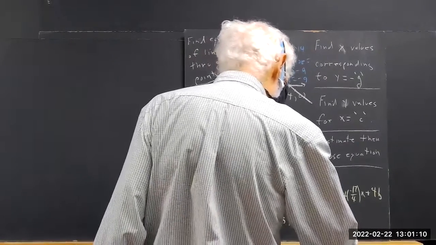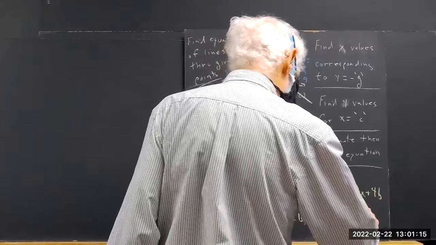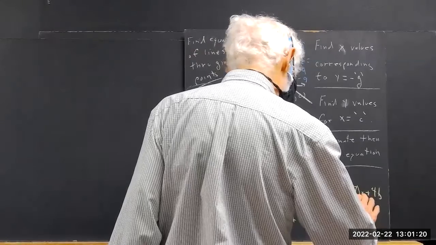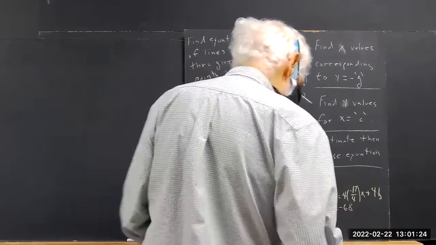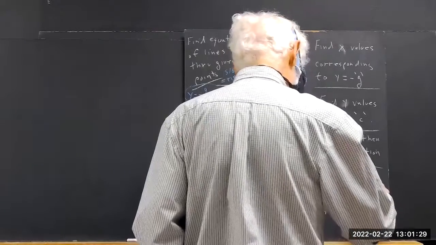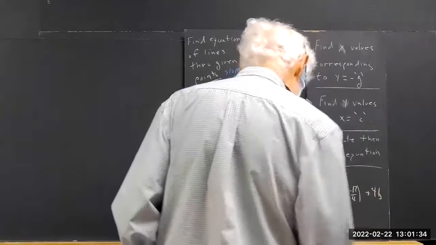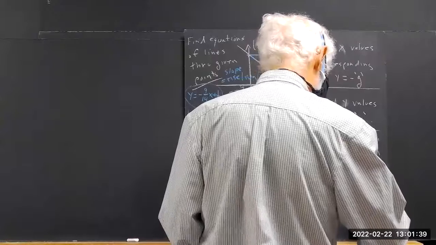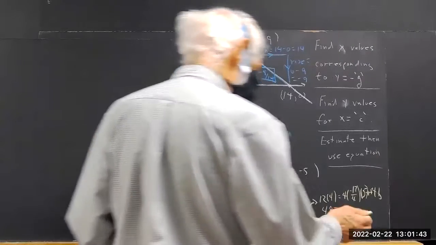And you get 48 equals negative 68. And that's totally wrong. I didn't substitute for x. x is 5. A little jumble there.